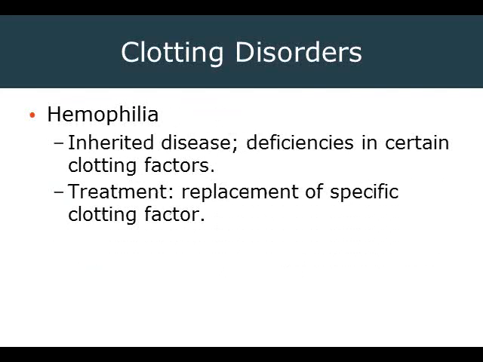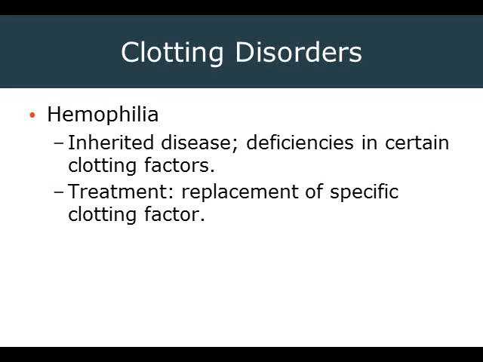We may also be discussing something such as hemophilia. And hemophilia is generally an inherited disease. It's caused by a deficiency in certain clotting factors, and there are tons of them, approximately 20. But if you look on page 660 there, you see them talking about hemophilia A, which is an X chromosome defect that results in deficiency of clotting factor 8.